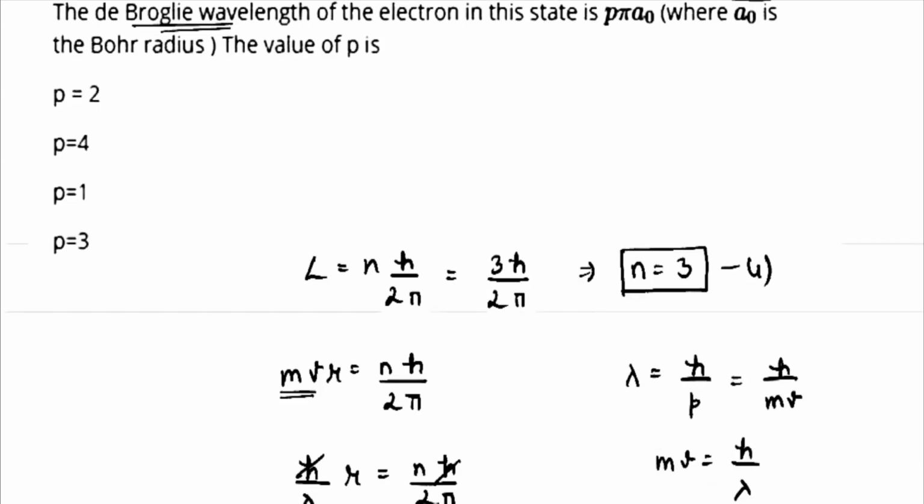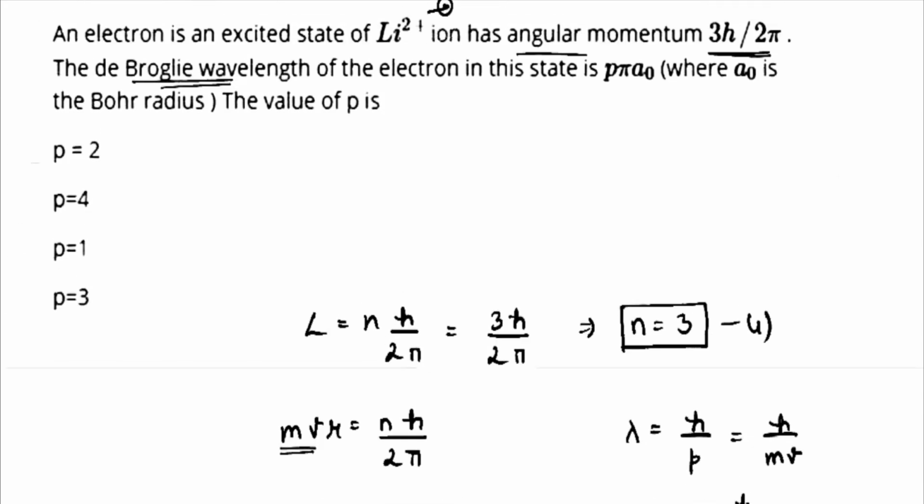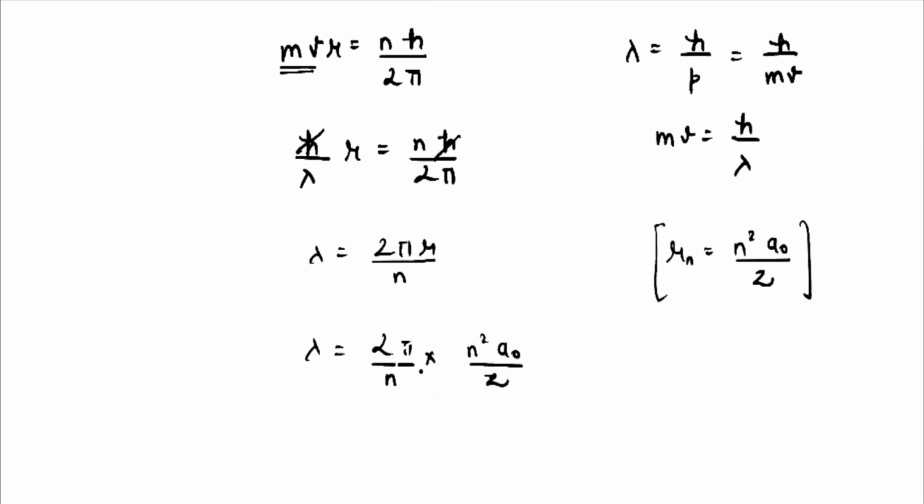For Li2+ the atomic number would be 3. Here we can cancel out one n, and we get lambda equals 2 pi a naught into n over z.